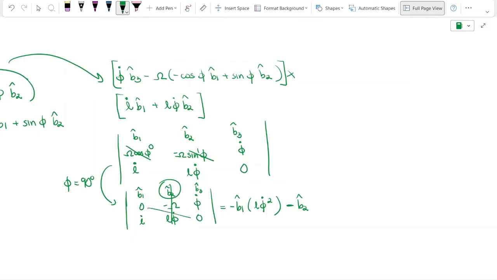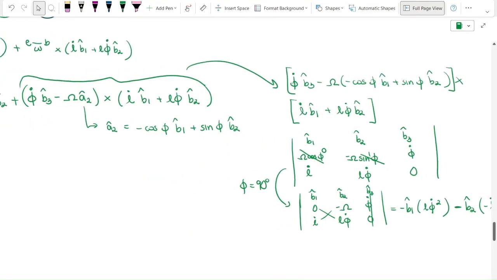So 0 times 0 minus L dot times phi dot, plus, we do the same thing with the third column. Then we have 0 times L phi dot minus L dot times negative omega, so that's just positive L dot omega.